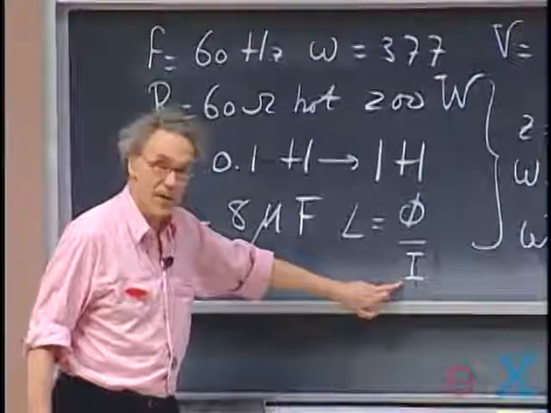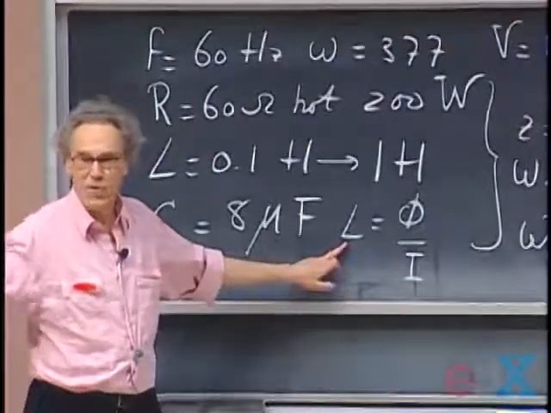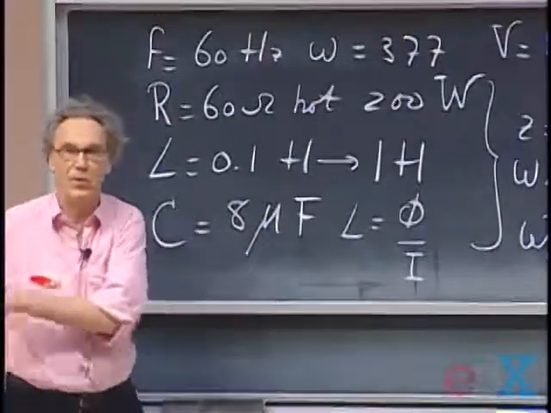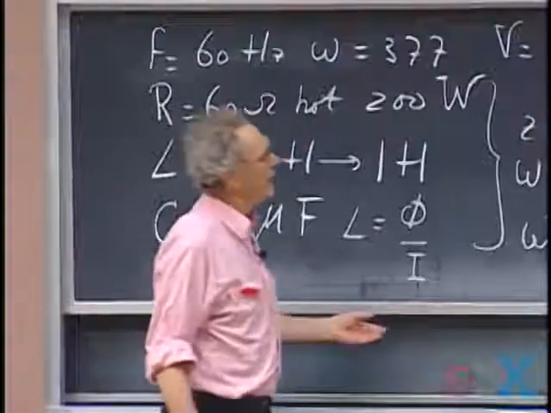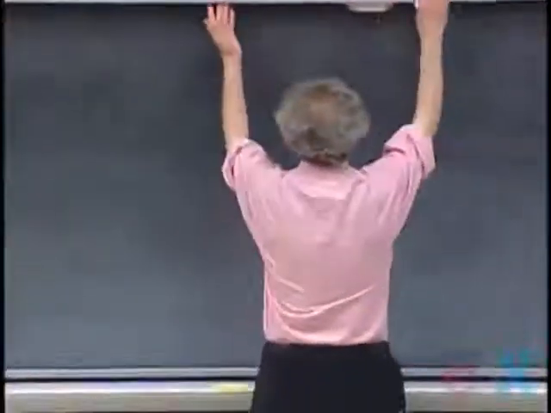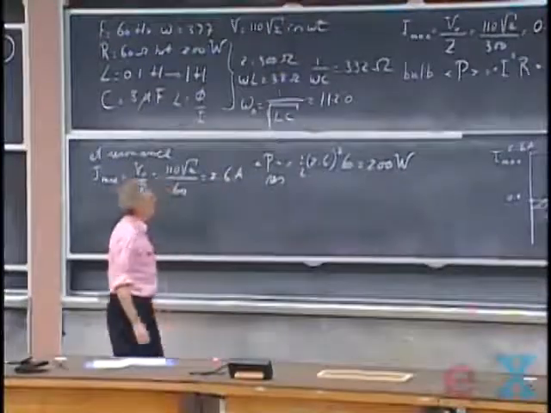The current remains the same, and therefore your self-inductance goes up by a factor of 10. So you see that you can make a variable self-inductance by bringing in ferromagnetic material and by removing it again. And so the question now is, how high should L be to get on resonance?